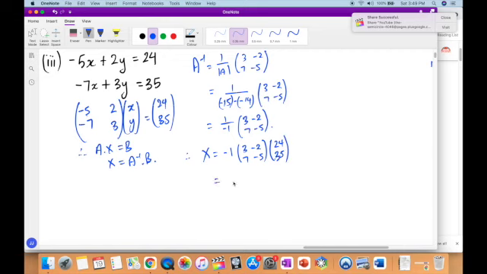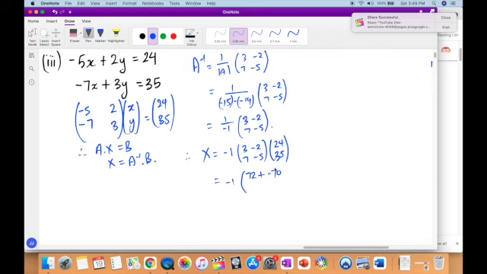Ooh, I'm gonna see that I'm gonna get some really big numbers there. So 3 times 24. Ooh, negative 1 outside. 3 times 24 is 72 plus negative 2 times 35. 35 times 2 is 70. So that is minus 70.